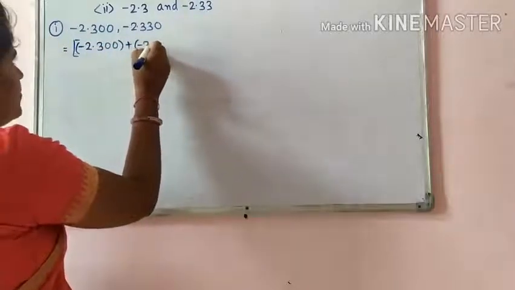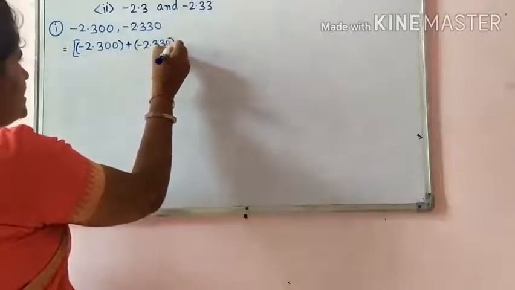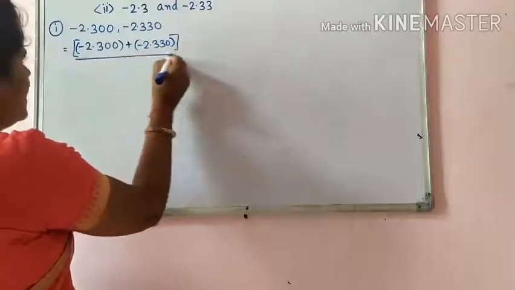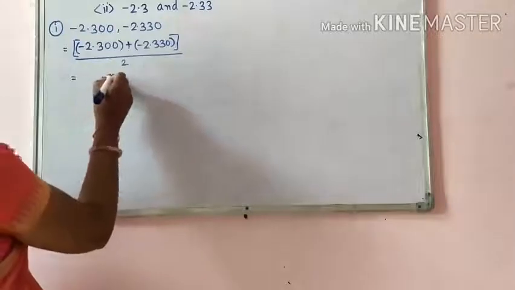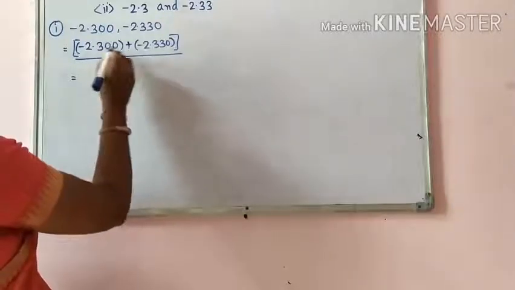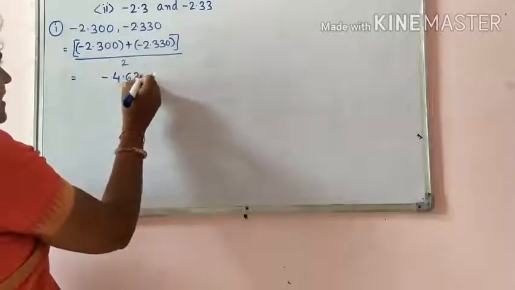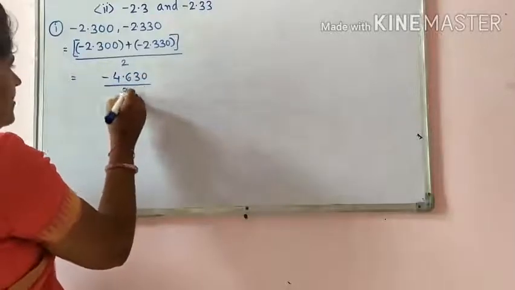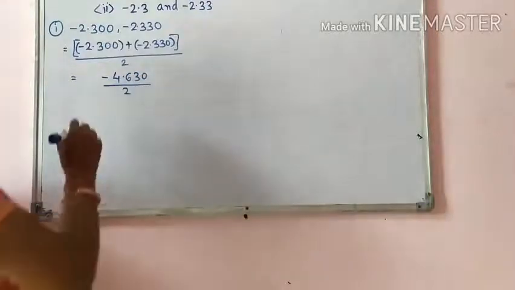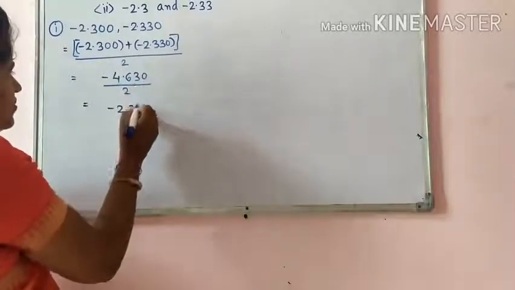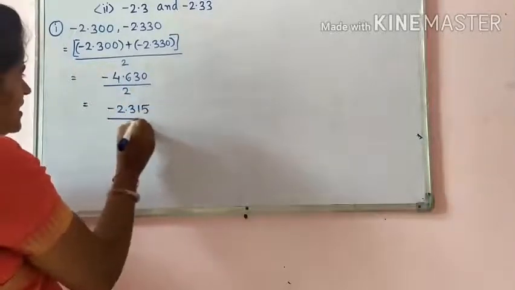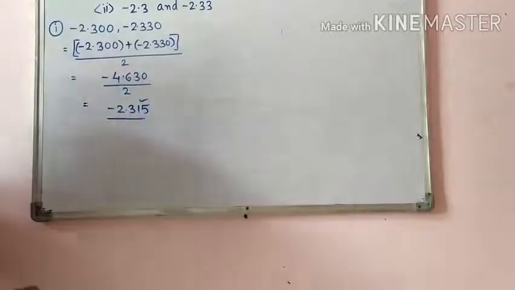Minus 2.300 plus minus 2.330 divided by 2. So minus 4.630 divided by 2. So this is equal to minus 2.315, 2 3s are 6, 2 1s are 2, 2 5s are 10. This is first rational number.